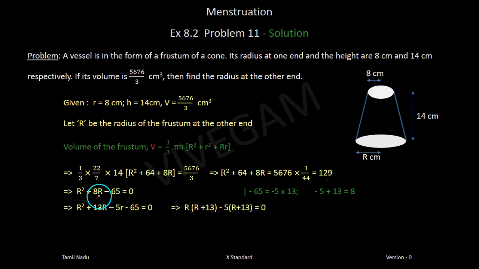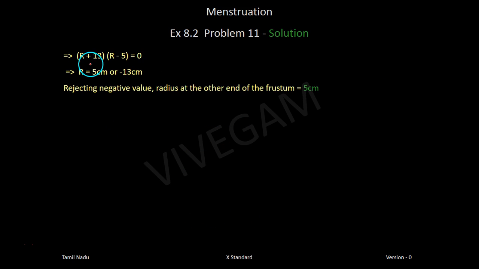So we'll have to write 8R as 13R minus 5R. From the first two terms, you can take capital R commonly out, so it becomes R into R plus 13, and from these two you'll be able to take minus 5 out, so this becomes minus 5 into R plus 13. R plus 13 is common. When you take that commonly out, you'll get R plus 13 into R minus 5 equal to 0.